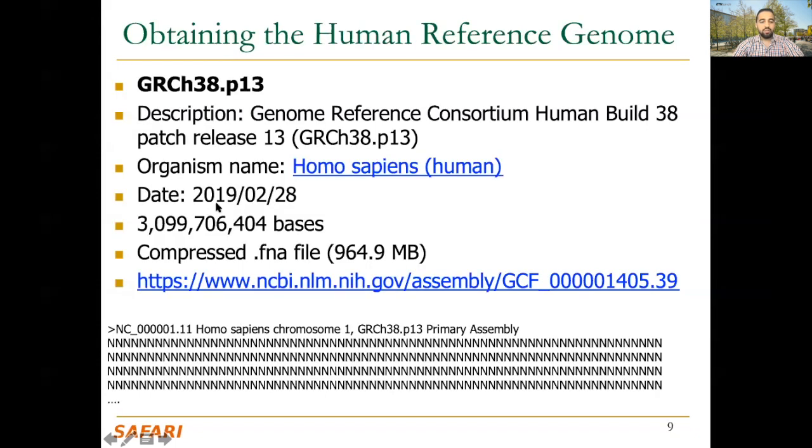I think the one produced by this work is from 2021, around July or November. But it's something similar to this. You can get a FASTA file that is compressed, about 900 megabytes. If you decompress it, you'll get something like 3 gigabytes of data.